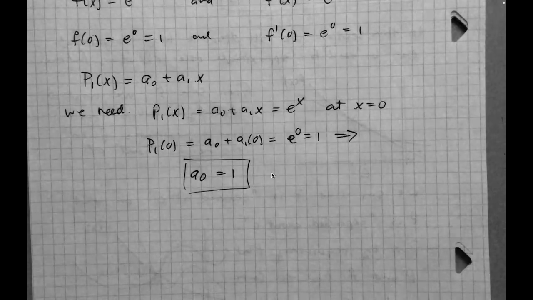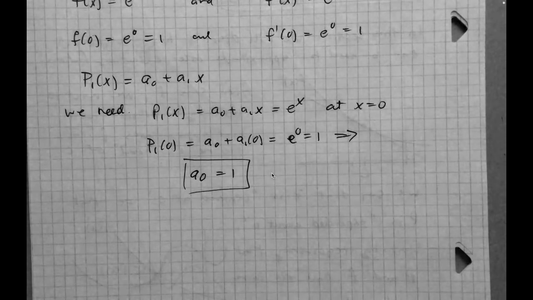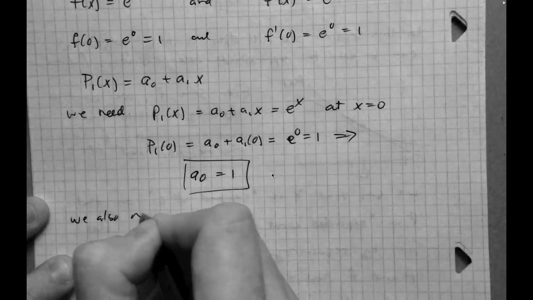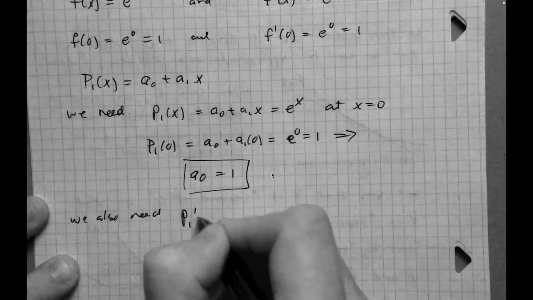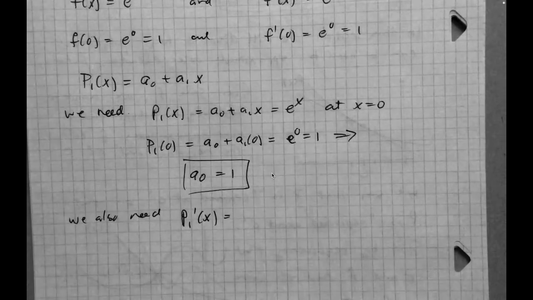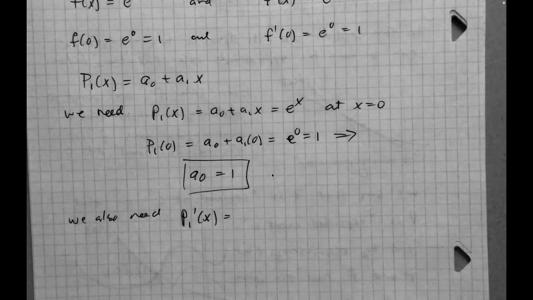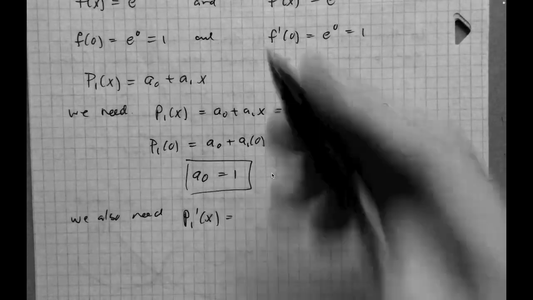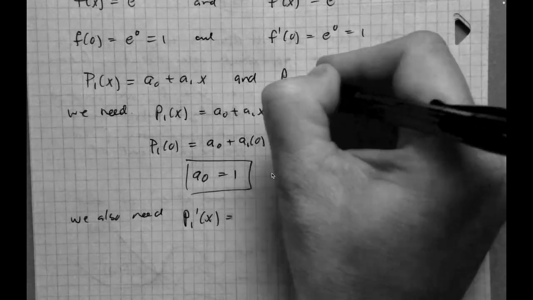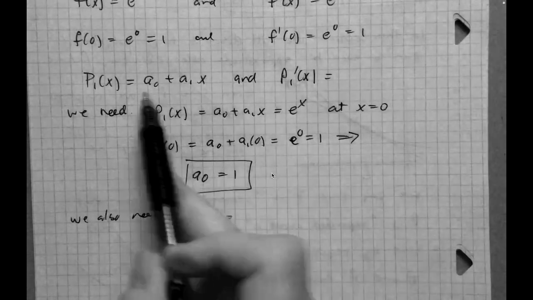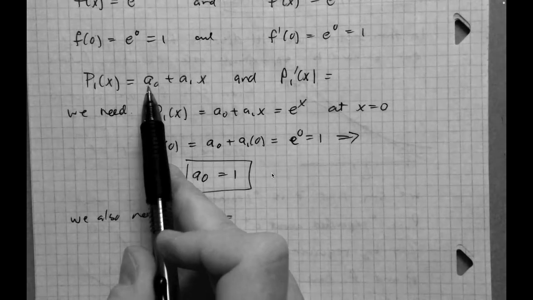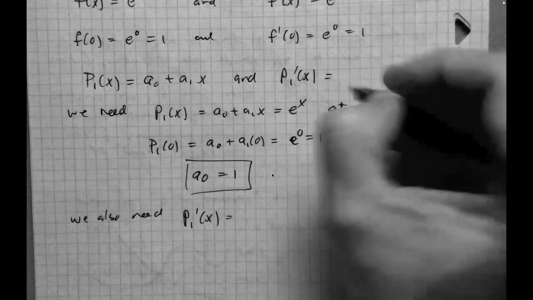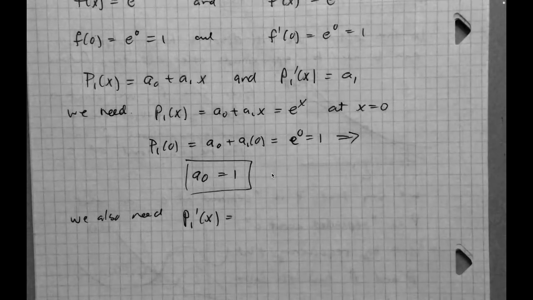Now we also need the derivatives to agree. All right, so we also need P1 prime of x, which we can figure out pretty quickly, right? The derivative of this function here. Let's write it out. Well, what is it? This is just a constant. The derivative of a constant is 0, and then this is a1 times x, so the derivative must just be a1.